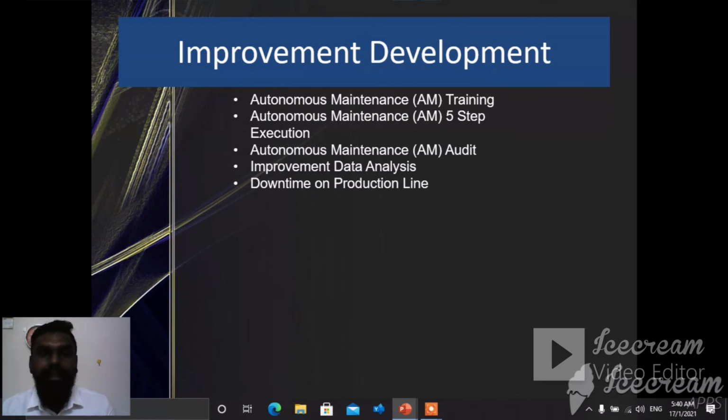Data has been taken and analyzed. The fifth one is downtime on production line. Before the autonomous maintenance was applied, we took the before data, and after the autonomous maintenance was applied, we took the after data. Both are compared, and it came out with a positive result.